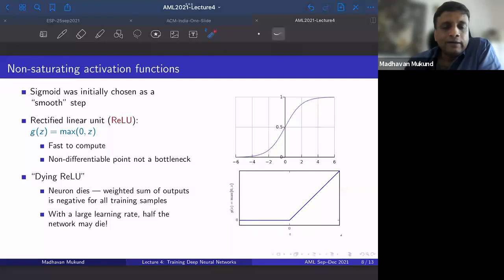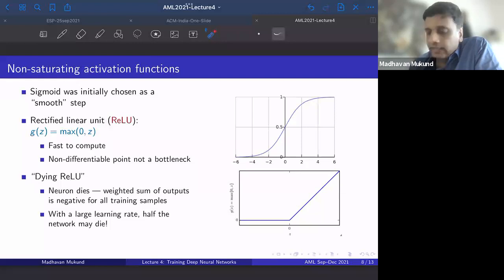That means if a large part of your network is producing negative outputs at the nodes, then at all these points the gradient has gone to 0. It's pretty much like the saturated case earlier. It's like having a lot of light bulbs switched off in a room, fused bulbs in a room. Your network is dying because all these units are in this range.